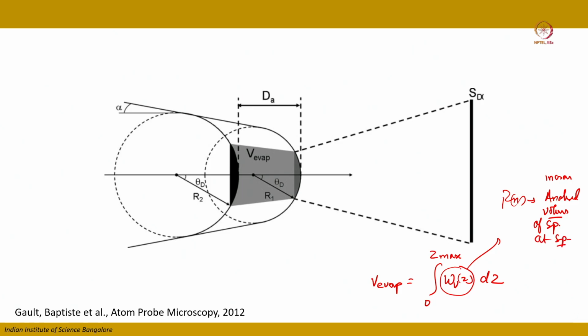So the dz can be given as the atomic volume divided by eta times W(V,Z).